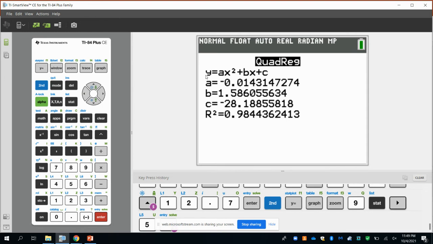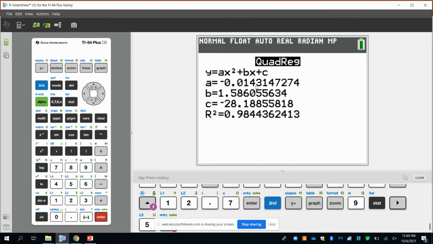Here it shows the quadratic function written in standard form, y equals ax squared plus bx plus c, with the a, b, c values, the three coefficients. If we keep 4 decimals, a approximately equals negative 0.0143, and b equals 1.5861.